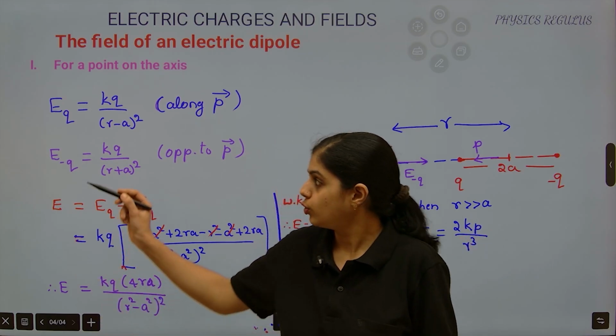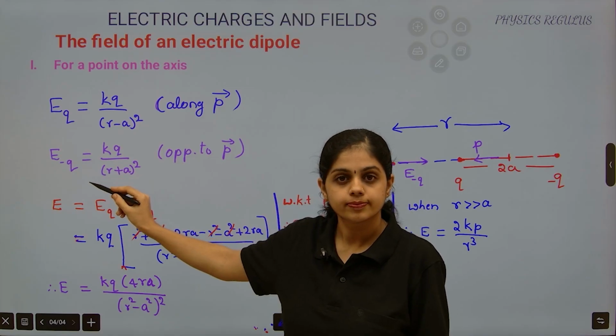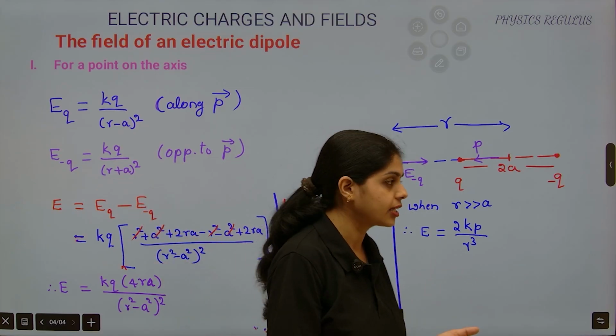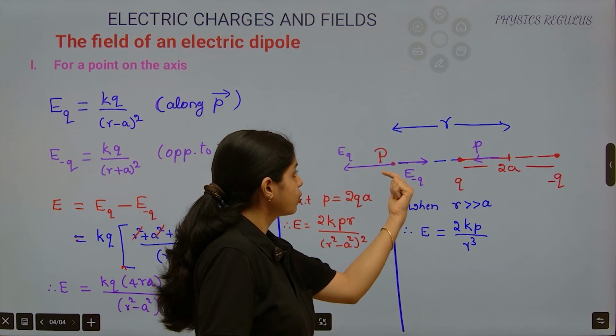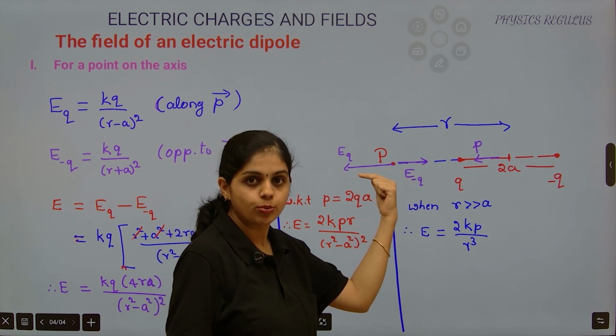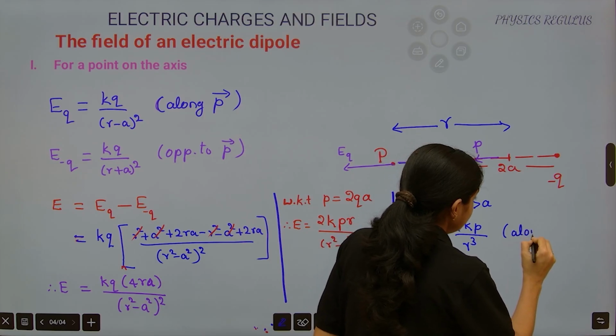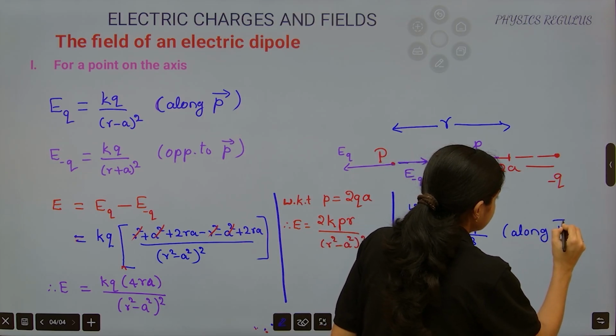Here, E_Q has greater magnitude compared to E_minus Q. Hence, the resultant electric field follows the direction of E_Q, that is along the direction of dipole moment.